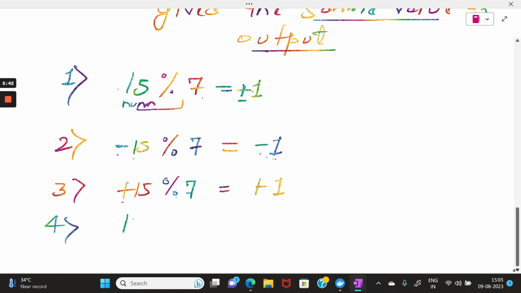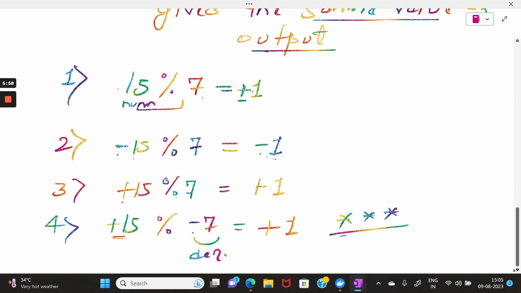But if it is plus 15 modulus minus 7, now see, this is the denominator. If the numerator has the positive sign, then we don't need to look at the denominator. Obviously, the sign would be plus 1 only. This is an important point to remember because it is a key part of programming. The computer will do it this way.